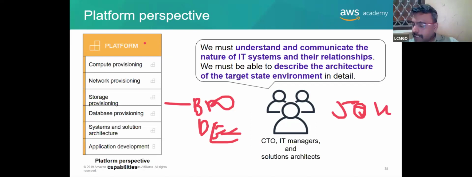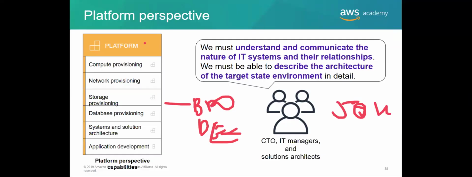Data entry job. Hello. 20,000 worth computer.